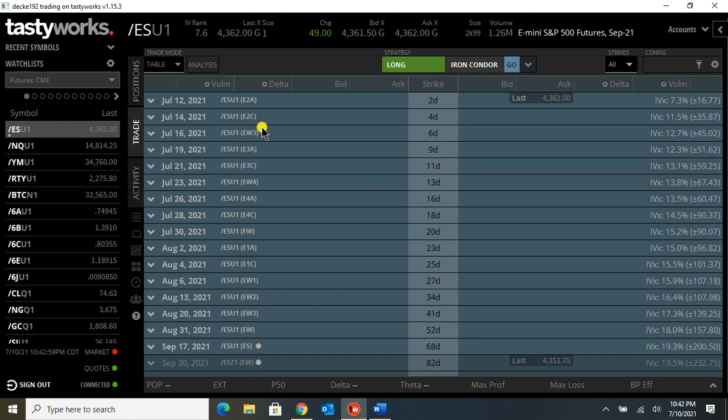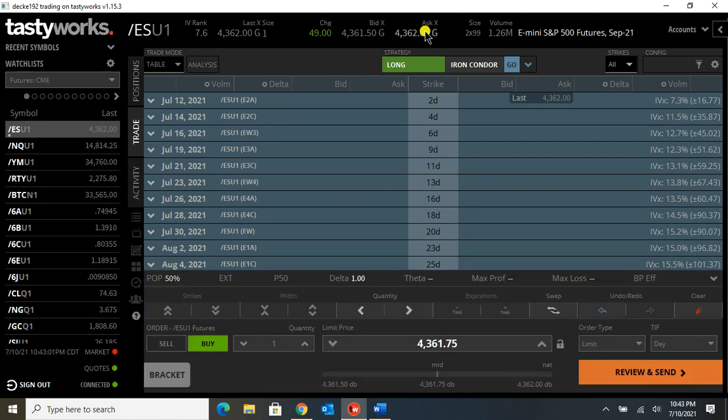So if we look at one ES contract, which is worth $218,000 notional value, the buying power reduction down here is only about $12,000.